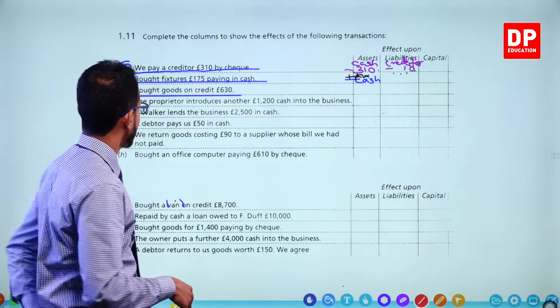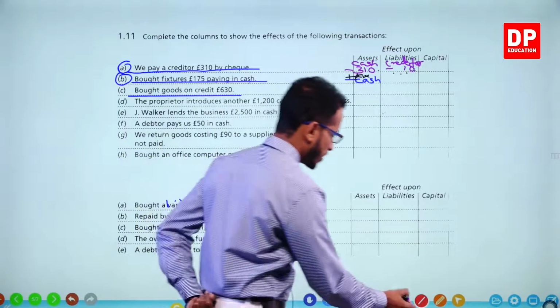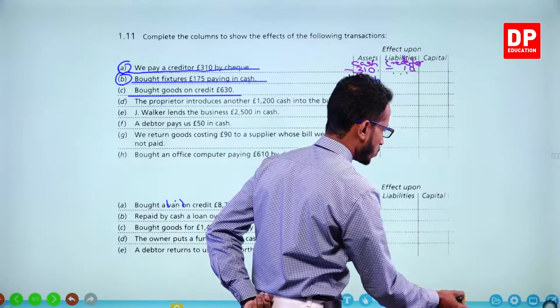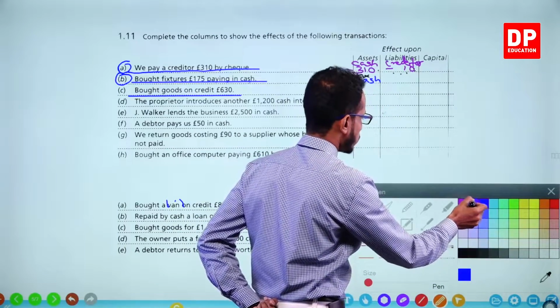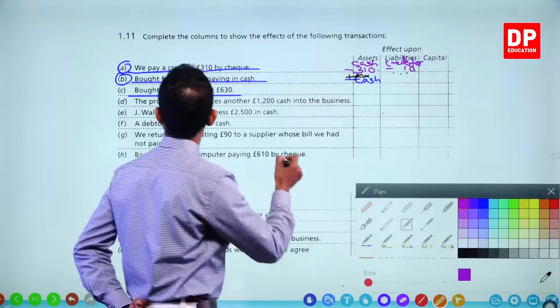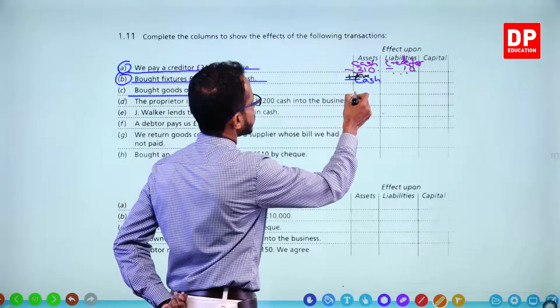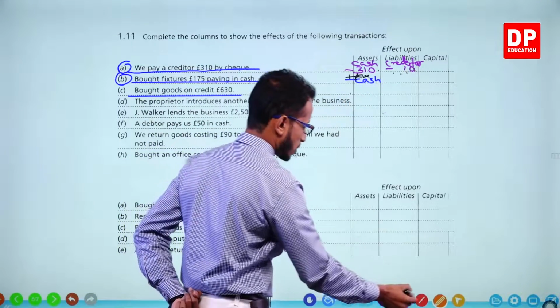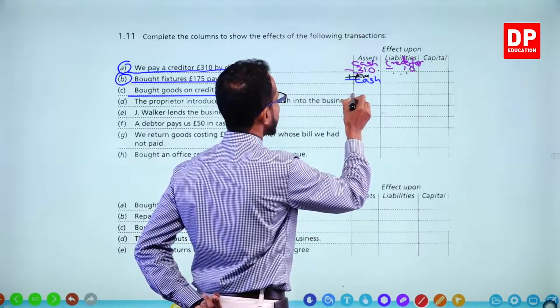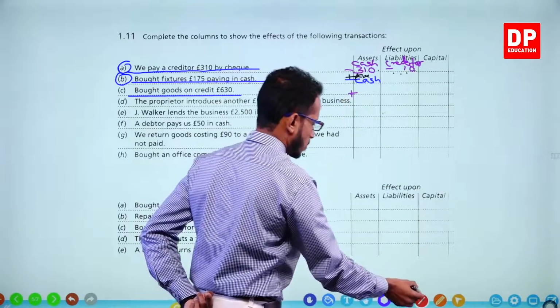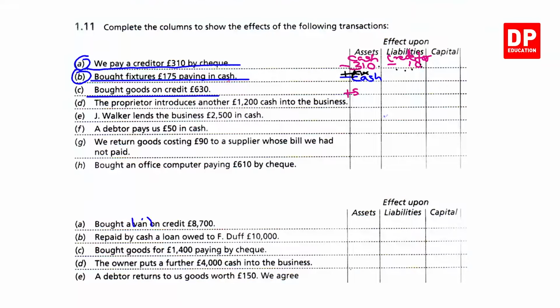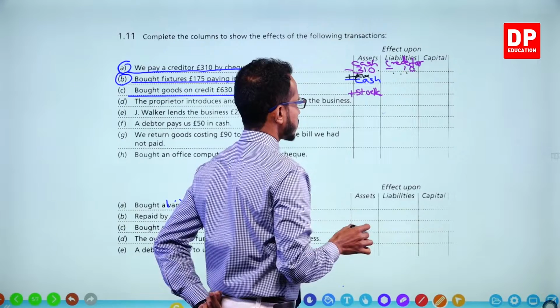Which means, children, goods increase because we get new goods. Goods are assets. We can say goods, we can say stock, whatever is correct.